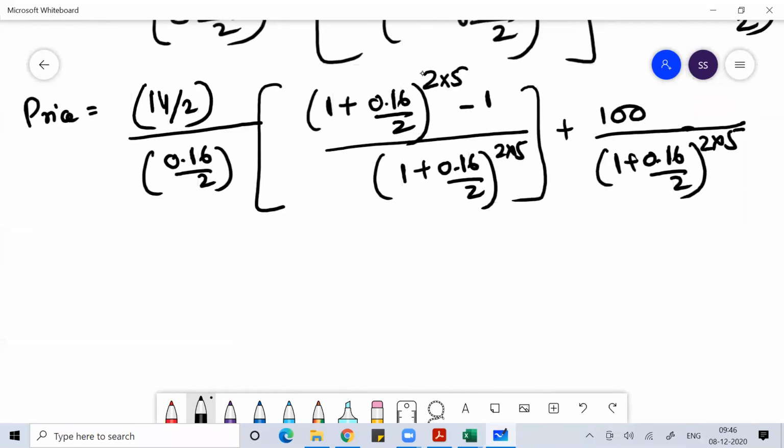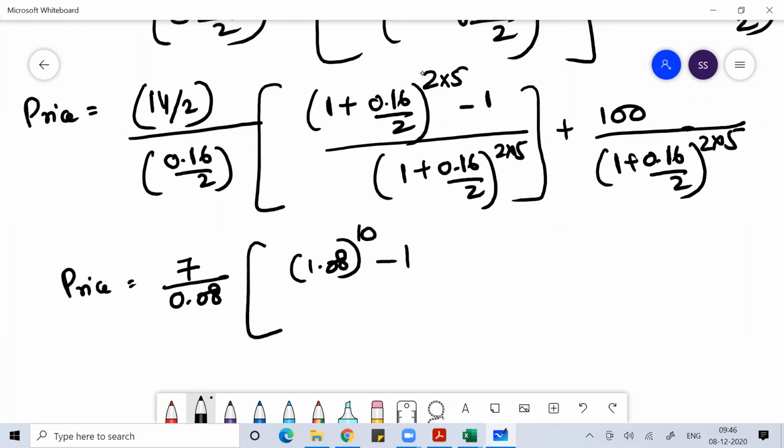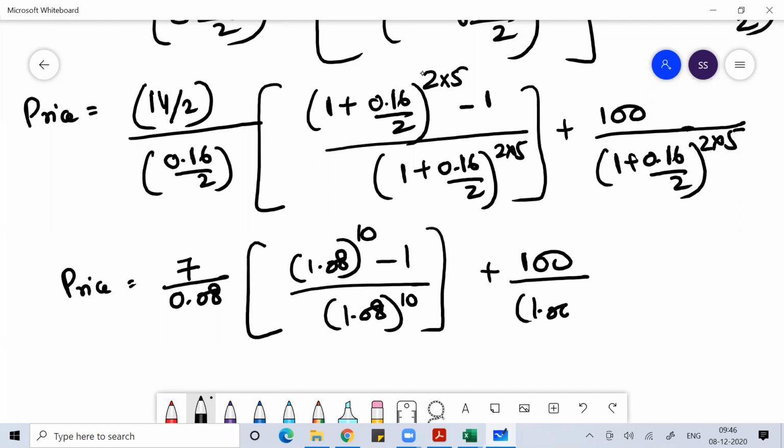You just solve this. So the price is equal to 7 divided by 0.08, into 1.08 to the power 10 minus 1 divided by 1.08 to the power 10, plus 100 divided by 1.08 to the power 10. So check the present value of annuity table for 8% for year 10.